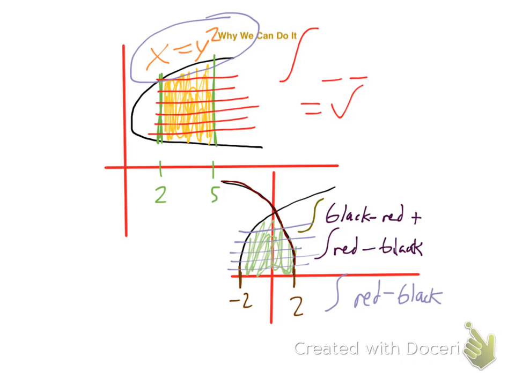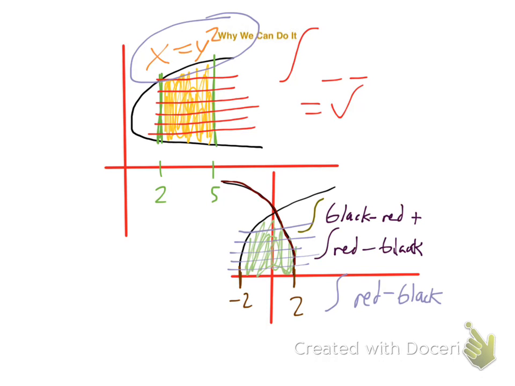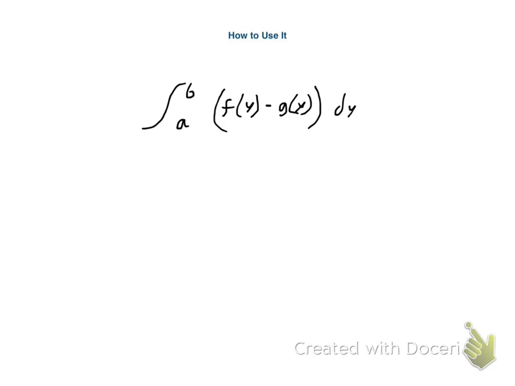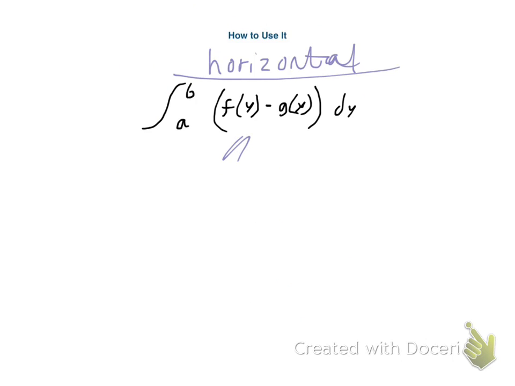It's important that we have it in terms of y, because if we are going to solve for the area using horizontal slicing, the formula dictates that. Also there's dy, which means you need to be integrating with respect to y, so your variables need to be y's.